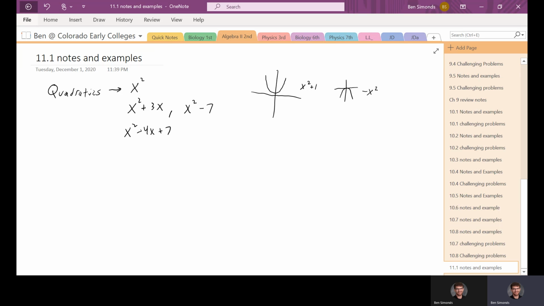So quadratics are any sort of term that would give you that parabola shape, where what we call the leading term, the highest power, is a squared. So any of these are examples of quadratics, because they are polynomials where our highest power is a square. So that's kind of the introduction to the terminology there.